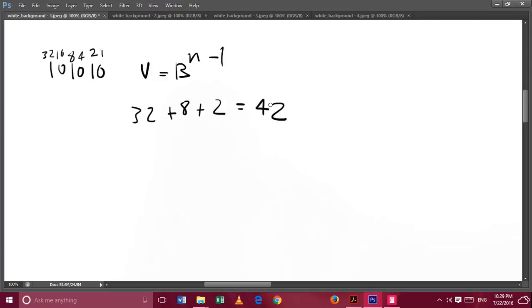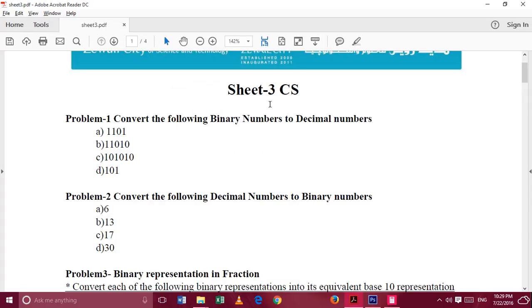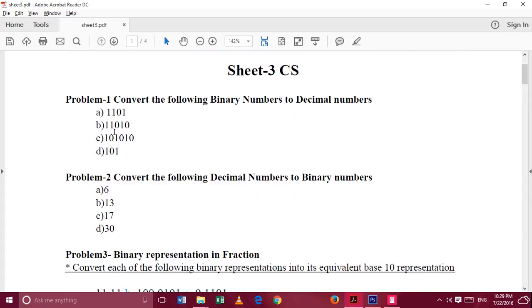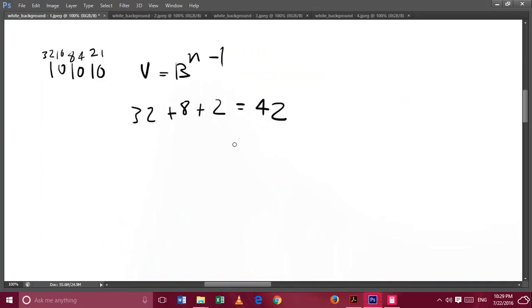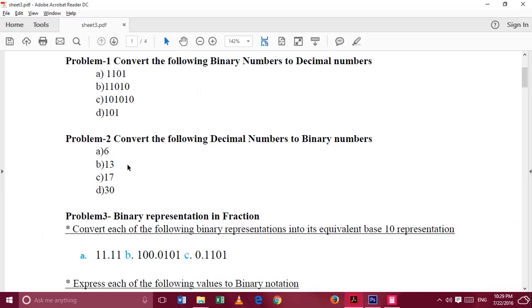Excellent. So we're just going to take one example from each, like the hardest example from each category. Now, how do we do the opposite, how do we convert from decimal to binary? We're going to take number 13.